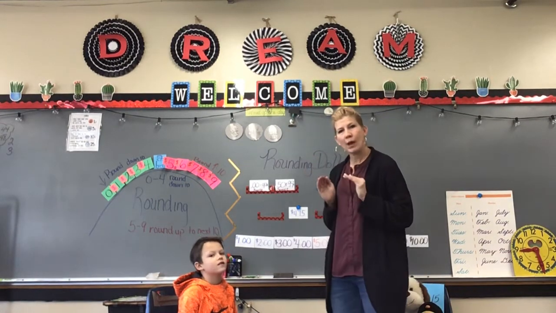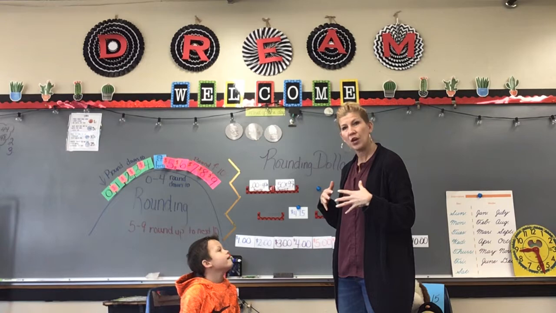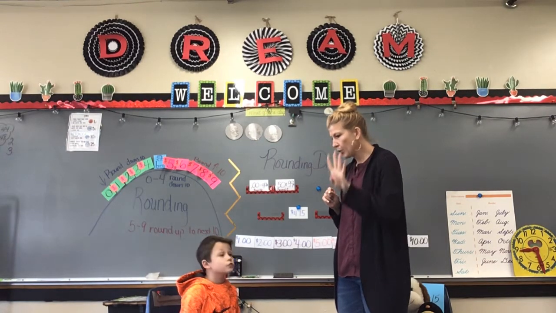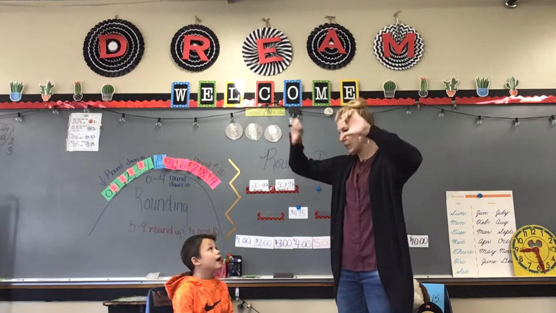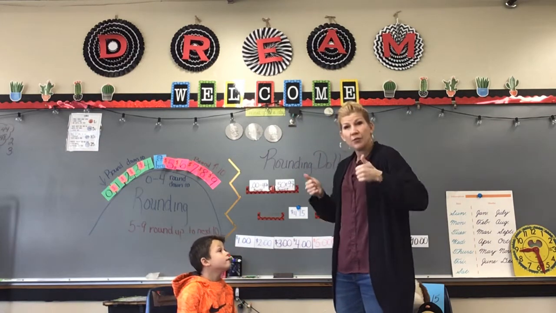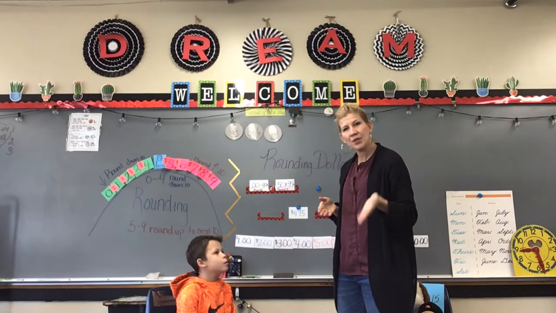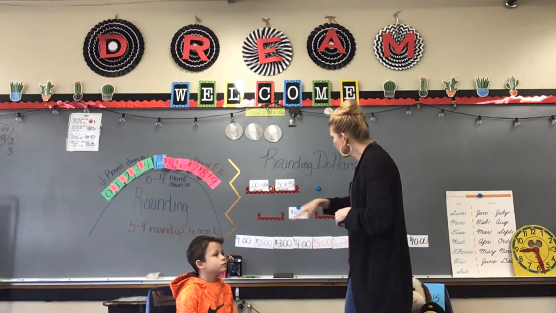Now remember, when we round in the ones place, we're looking at the numbers 0 through 4, round down. 5 through 9, round up. Now for change, it's the same thing, except here's our rule.